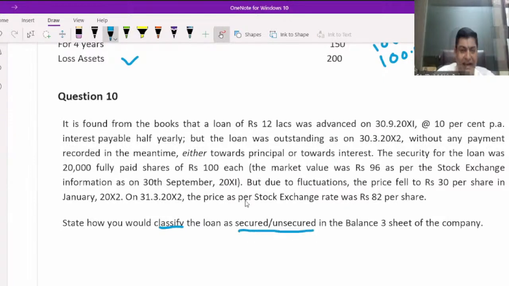So we need to decide whether this loan is secured or it is unsecured. Guys, please take a screenshot and read the question carefully, then we'll understand how it is to be done. Please guys, be fast.